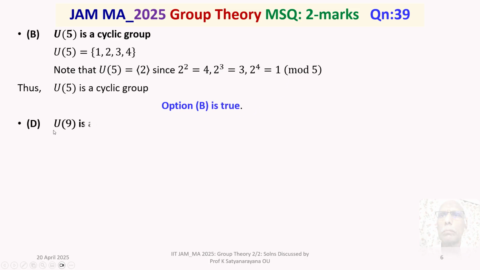Move to option D. U9 is a cyclic group. Write down all those elements which are relatively prime to 9. U9 is 1, 2, 4, 5, 7, 8.